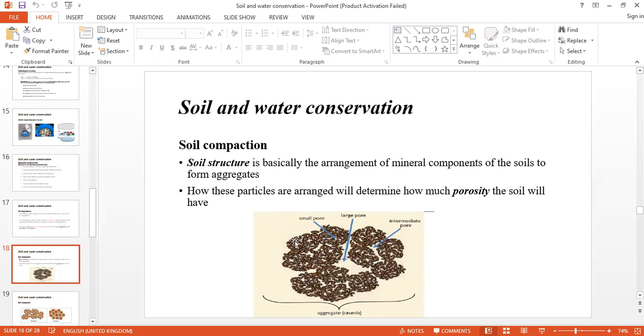This is an aggregate, so this is the structure of the soil: the arrangement of small particles to form this aggregate. These pores are important because of air circulation and water circulation. So you need a soil to have a good porosity for it to function well.